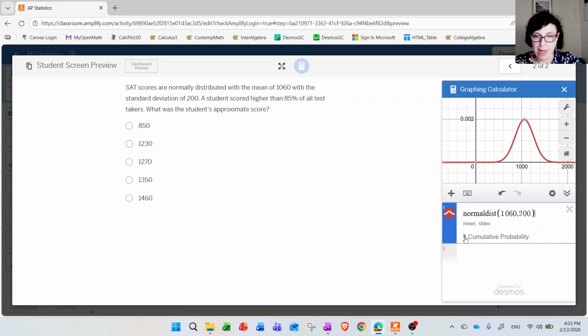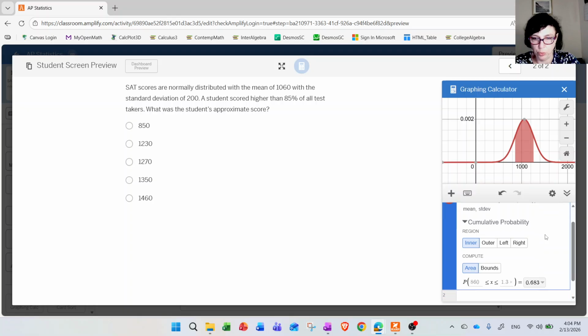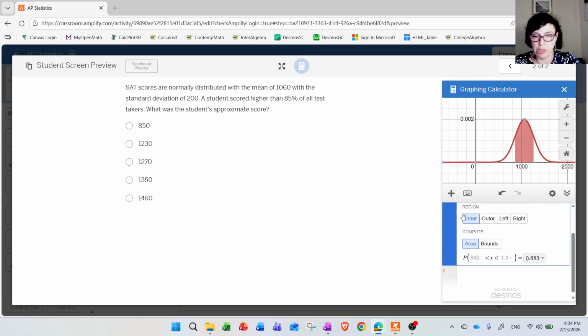Now we expand the cumulative probability menu, and here we are going to be stuck if we don't know what to do. First of all, you need to select the correct region, and you also need to decide, am I computing the area or am I computing the bounds? First, let's read the question. It says, a student scored higher than 85% of all test takers.